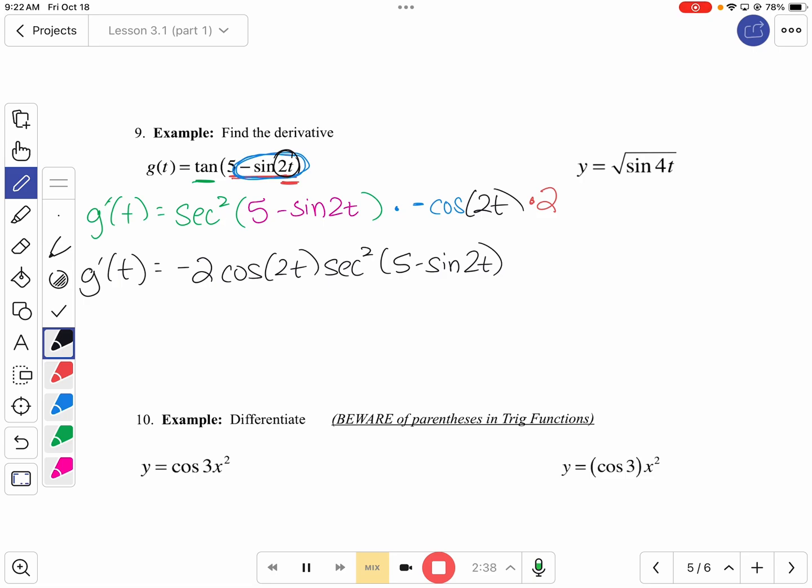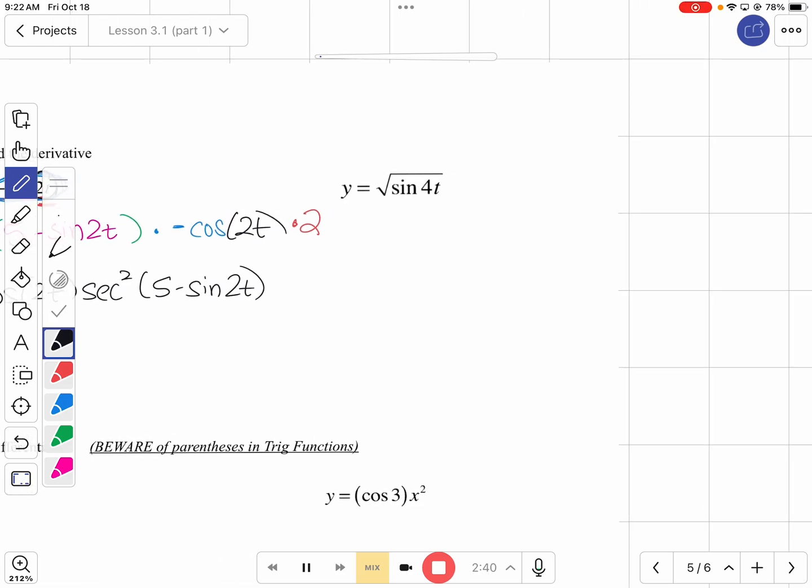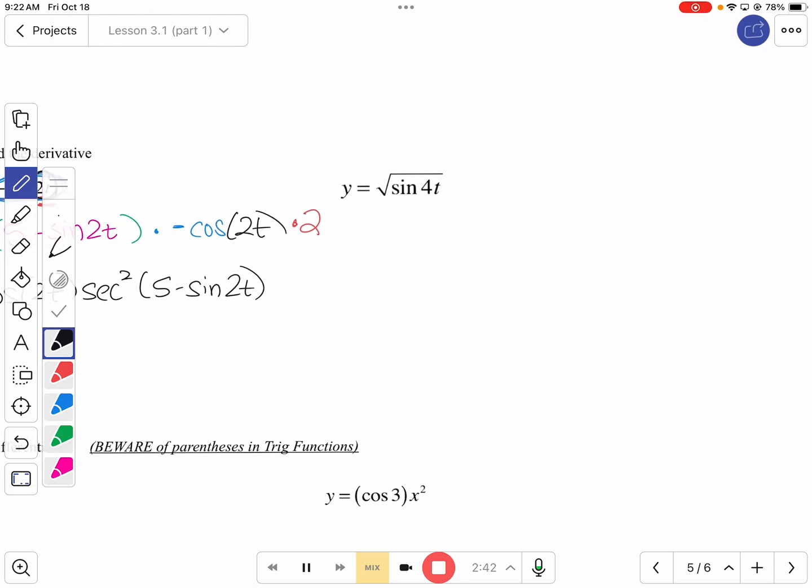All right, let's look at the next one. Square root of sine of 4t. So it's very similar, right? Rewrite it first. If you've got a root, rewrite. So sine 4t to the 1/2. That's going to help you to see that obvious first outside function.